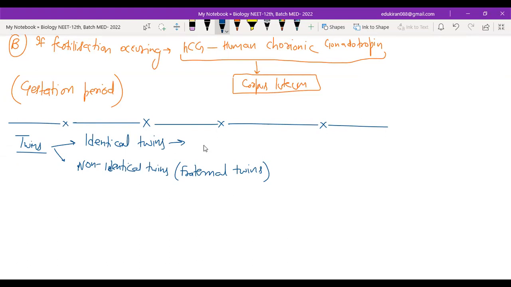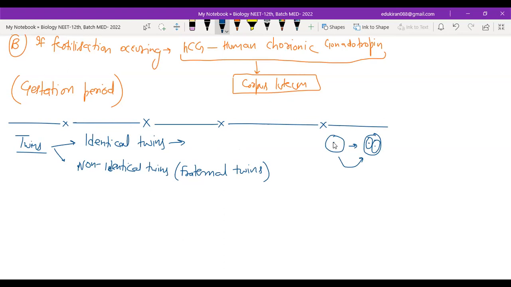it's implanting into the uterus, a zygote goes from one cell to two cells. This stage, one cell to two cells, right? You understand? Everyone is with me?